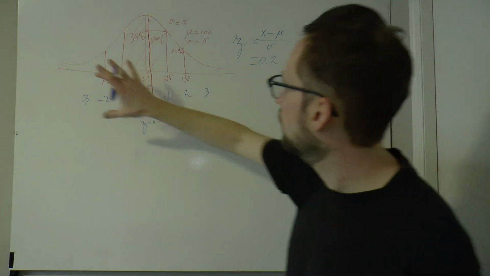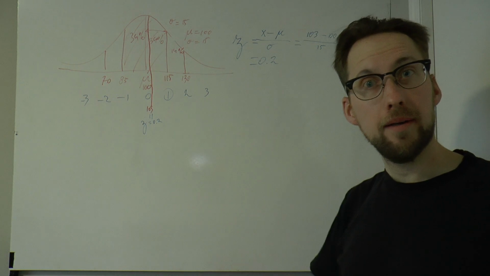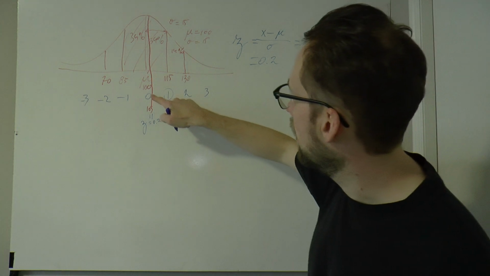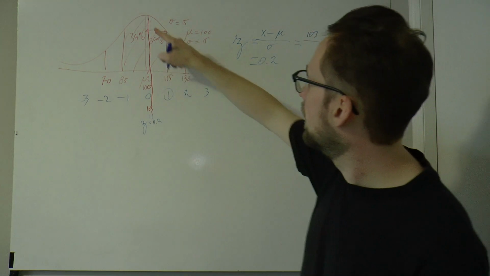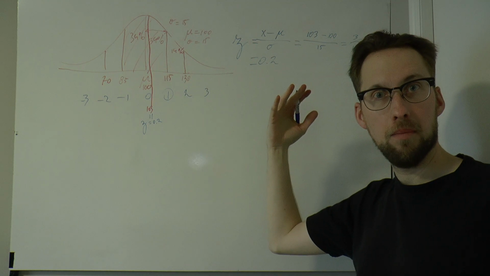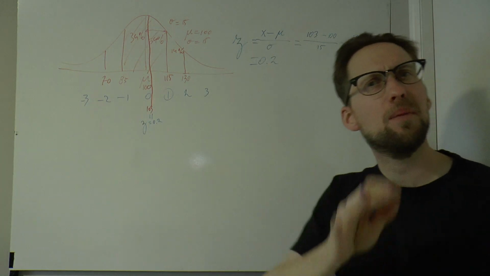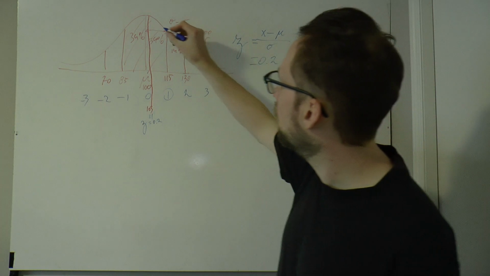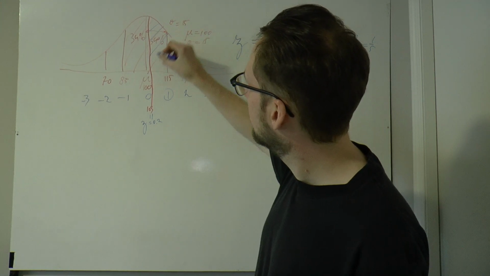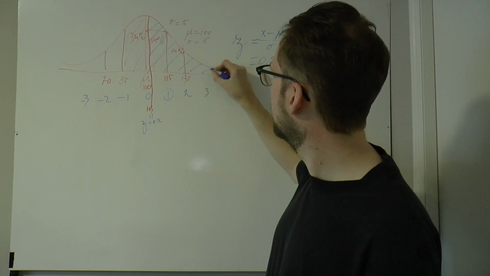And now I want to know, this is the population. How many people have an IQ higher than his? Well, this line, it's not a very straight line, but you get the point. Anything to the right of this line would be a higher IQ than him. But anything to the left of this line, that would be a lower IQ. But I'm not interested in that right now. I want to see this AUC, area under the curve.